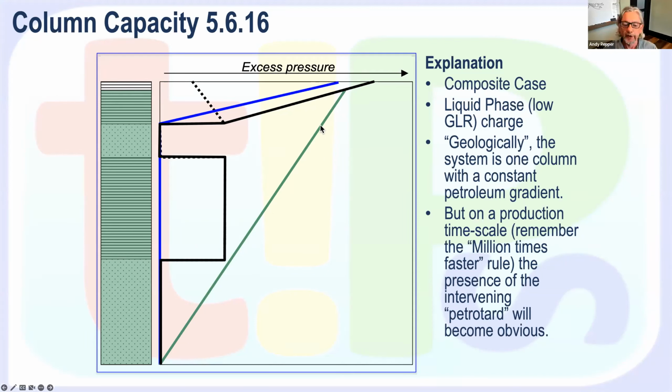But the one point I want to make here is that it's a nice example of where pressure connectivity cannot prove fluid connectivity, because this system here evolved millions of times slower than production. So we're going to pull the fluid out of these reservoirs a million times faster than this system was able to set up.